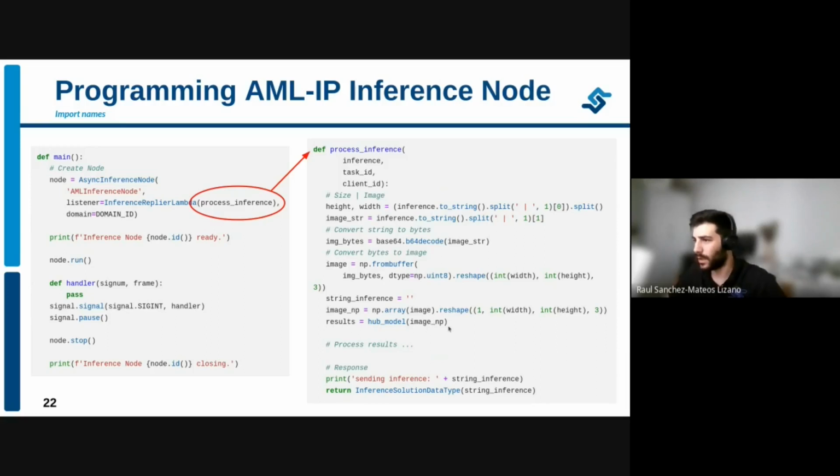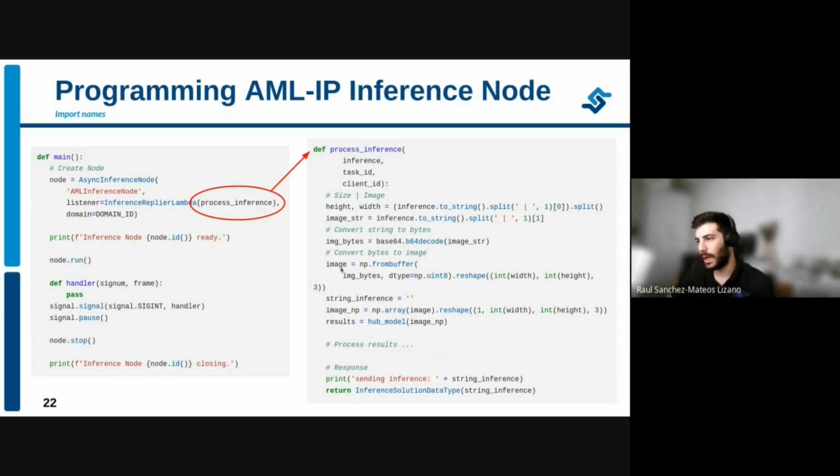After that, we process the inference results here. There is some more code. Everything that I've explained here is already uploaded to the AMLIP documentation and also the AMLIP repository, so you will be able to check all the code because it's public and everything is open source.